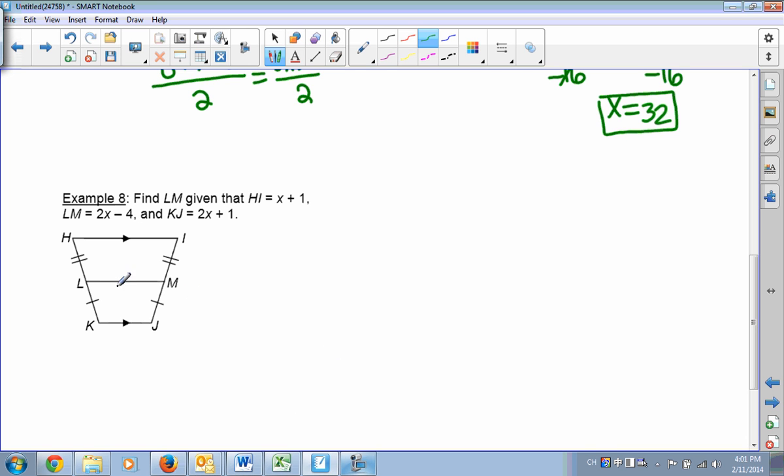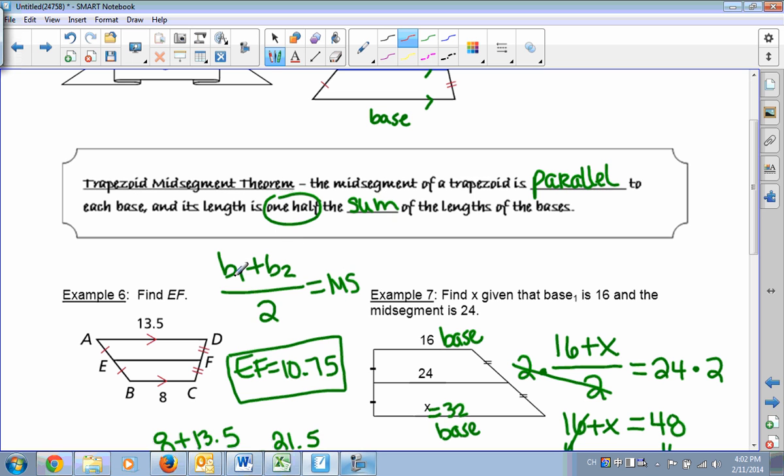Okay, so again, we're looking for LM, which is our mid-segment. We got to label some things here. So HI is X plus 1. LM, our mid-segment, is 2X minus 4. And KJ, the base, is 2X plus 1. So you're going to follow your formula.